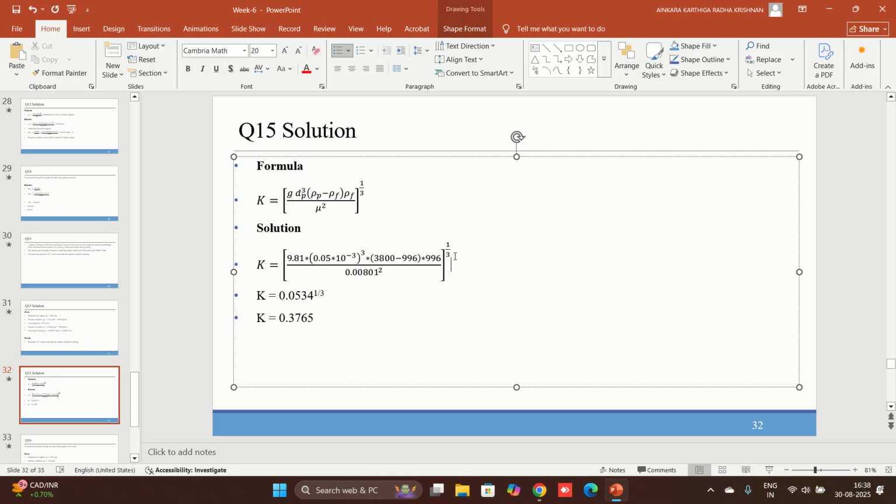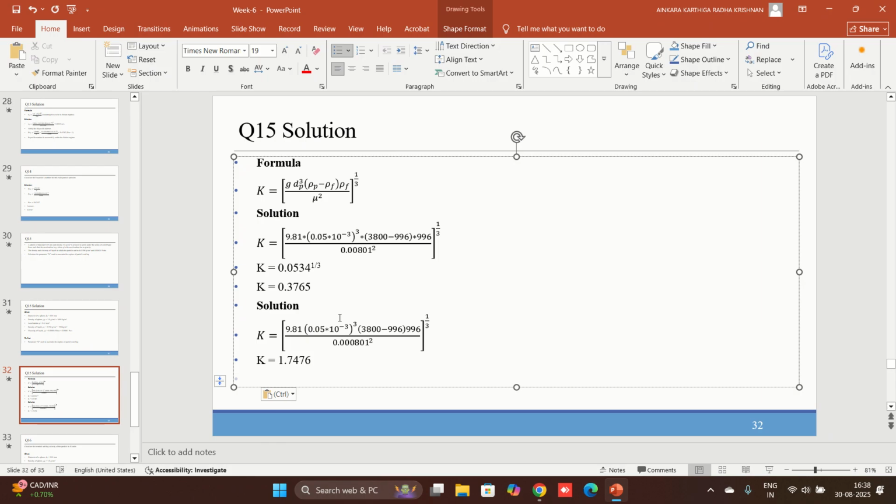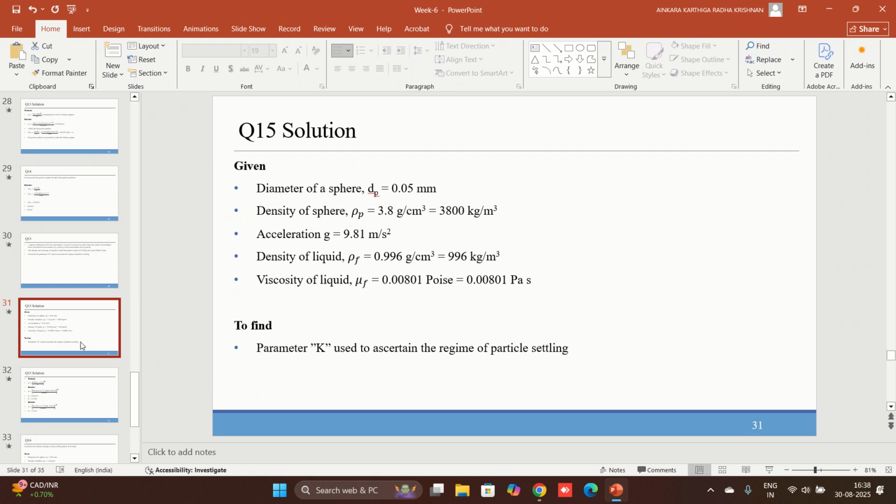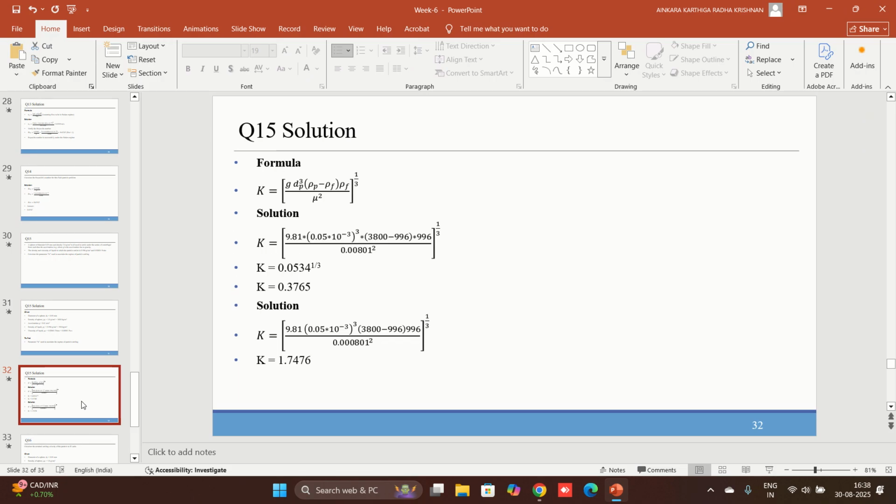Actually our previous answer was different, wasn't it? It was something about 1.76. Okay, I put it as 0.00801, but it is 0.0801.